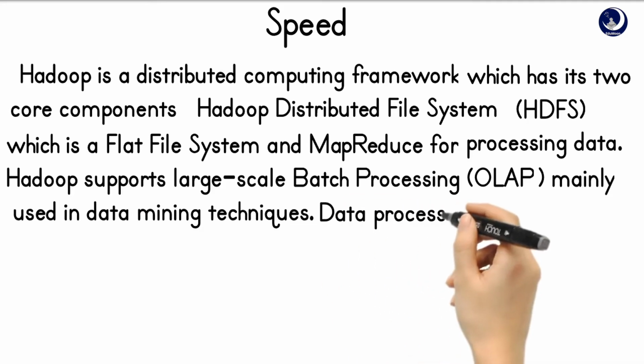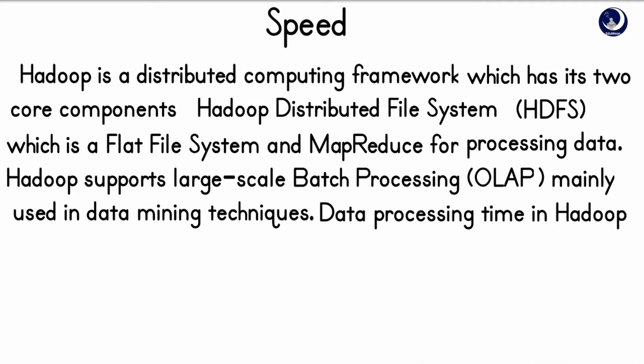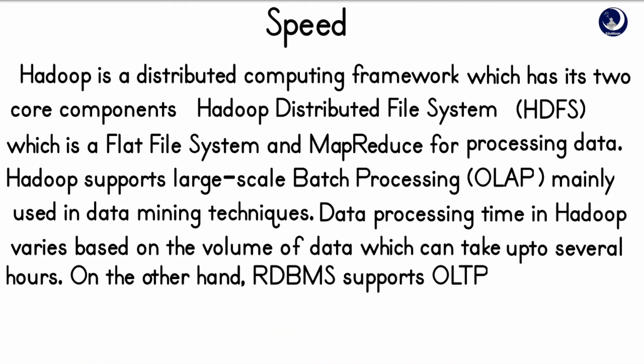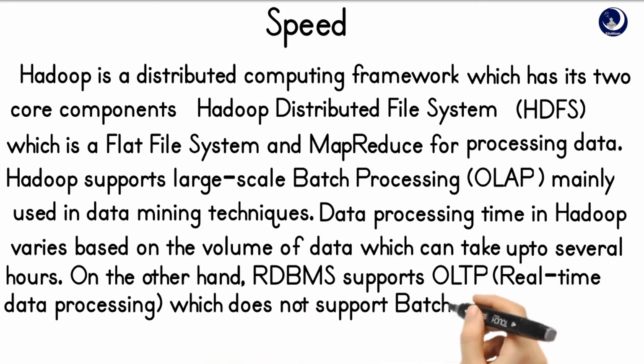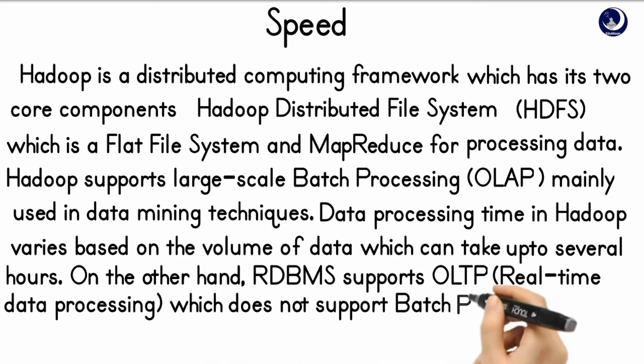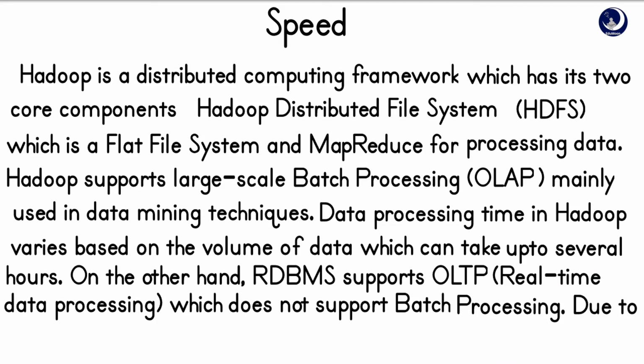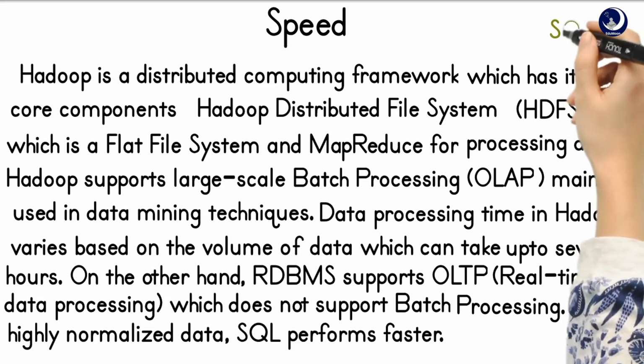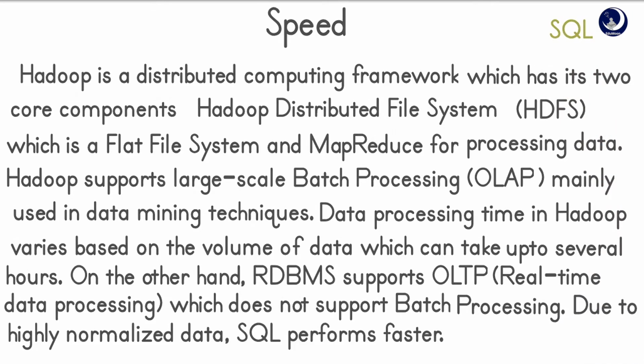Data processing time in Hadoop varies based on the volume of data, which can take up to several hours. On the other hand, RDBMS or Relational Database Management Systems support OLTP, that is real time data processing, which does not support batch processing. Due to the highly normalized data, SQL performs faster. So in this aspect of differences between SQL and Hadoop, SQL has the upper hand over Hadoop.